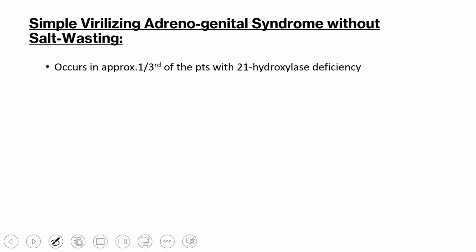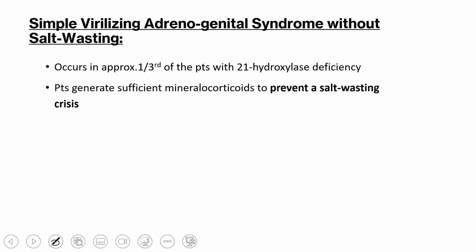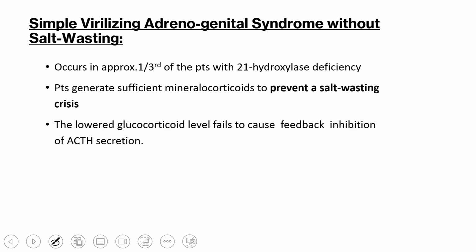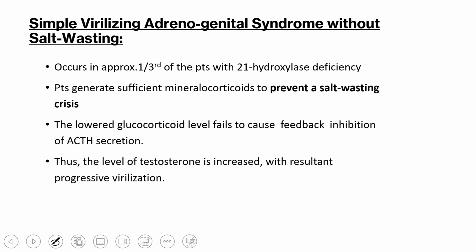Here this occurs in approximately one third of the patients with 21 hydroxylase deficiency, and these patients do not show the symptoms of salt wasting like hypotension and cardiovascular collapse, and the risk of dehydration is not seen in such patients, because the mineralocorticoids are produced in a sufficient amount that can prevent the salt wasting crisis, and the lowered glucocorticoid levels fail to cause feedback inhibition of ACTH secretion. Thus, the level of testosterone is increased, resulting in progressive virilization.